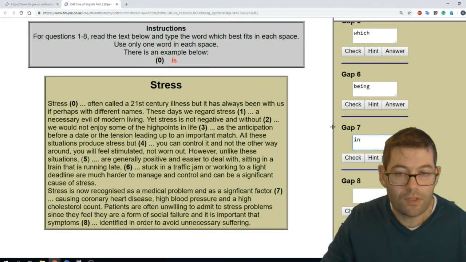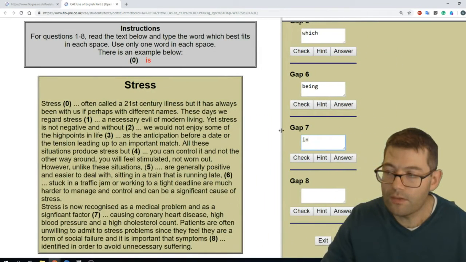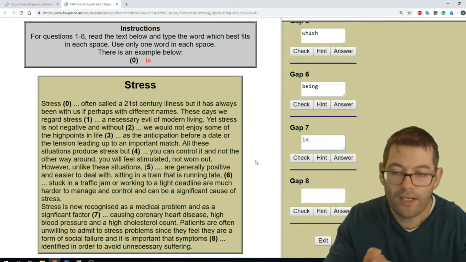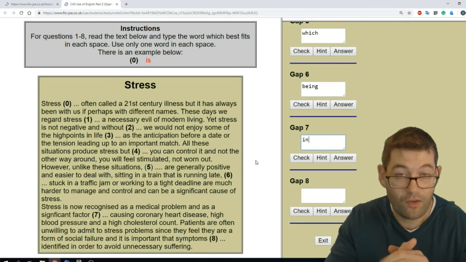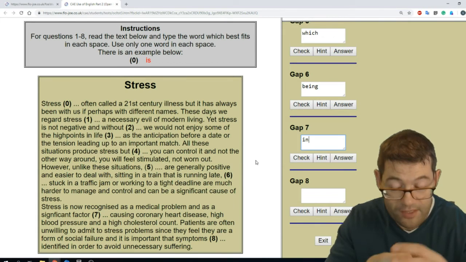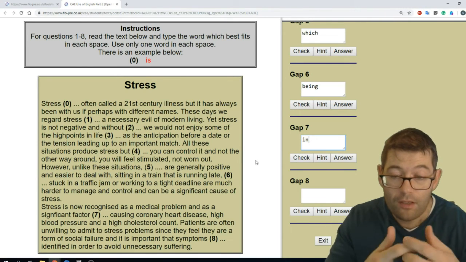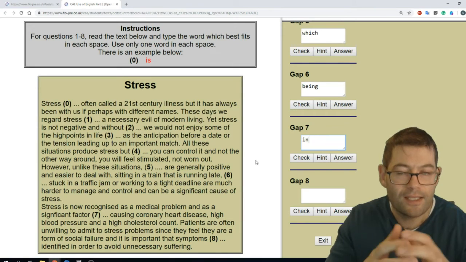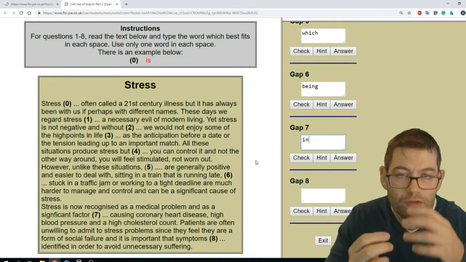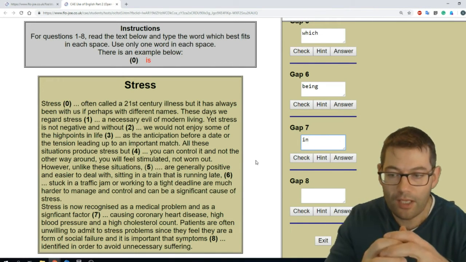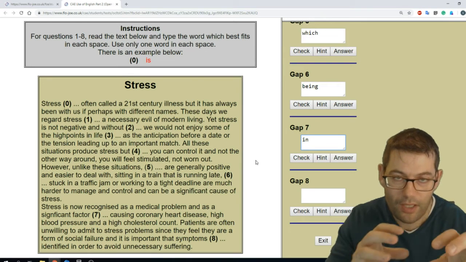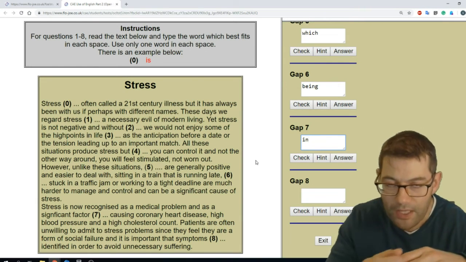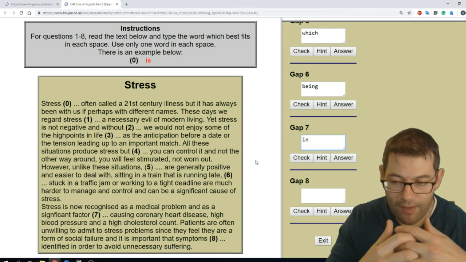Let me just organize the screen a little bit better so you can see over my shoulder. There we go. So stress is now recognized as a medical problem and as a significant factor, correct preposition, a factor in causing coronary heart disease. Now this is wonderful advanced language. If you can put this structure in your writing, use it in your speaking, this is wonderful advanced level English.